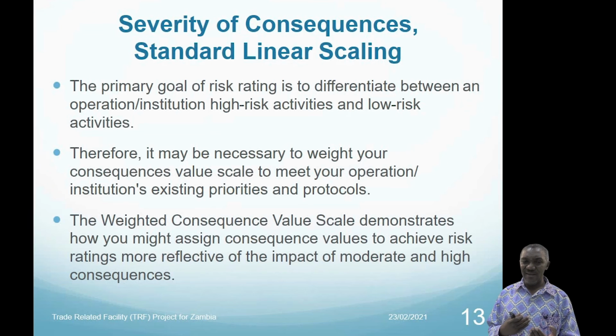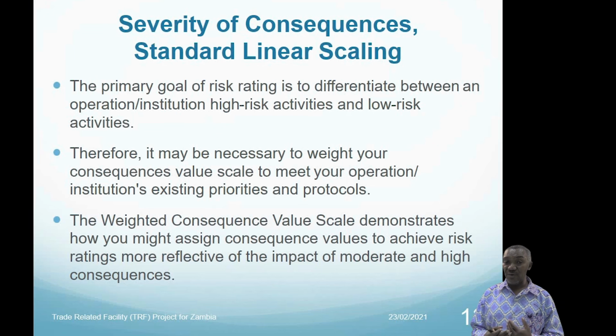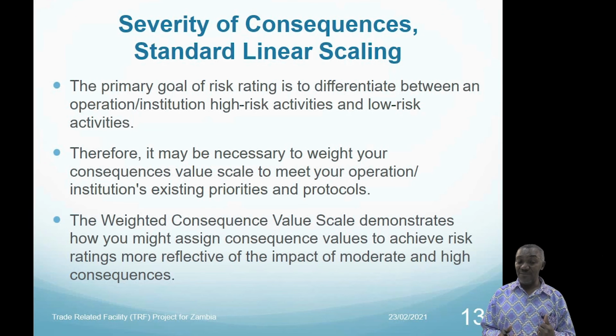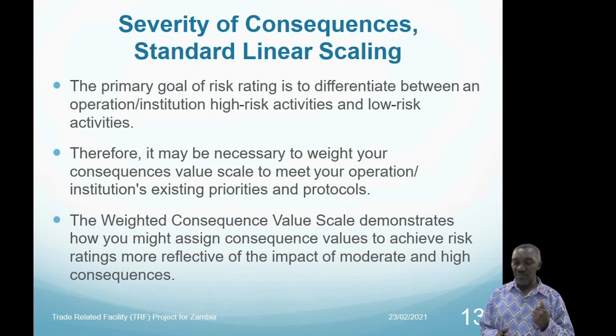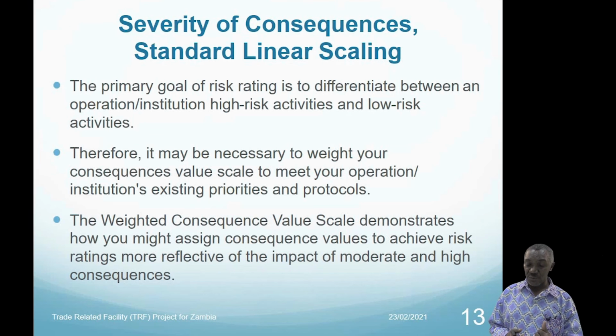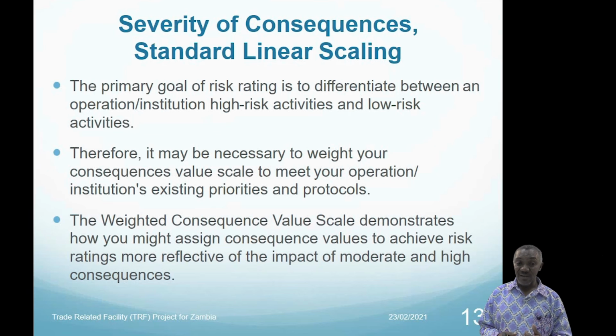So, when you look at that, sometimes you may want to remodel your risk rating because, even if the risk of being exposed to E. coli is 4, and that of being exposed to brucellosis is 4, the two risks may not be the same.